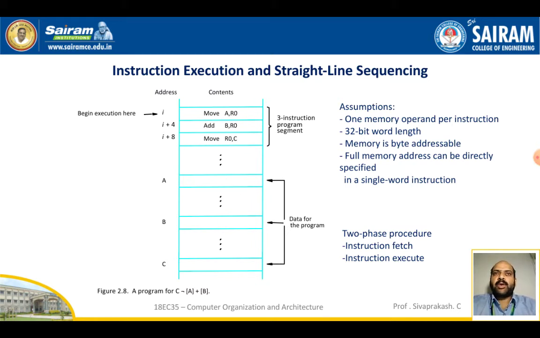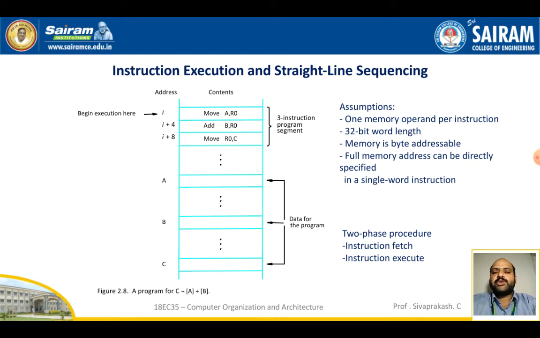Let us look at a small example in the diagram. The first instruction starts at address I, and it is Move A, R0. During the fetch, the instruction is fetched, and Move is the execution: it transfers the data from location A to R0.